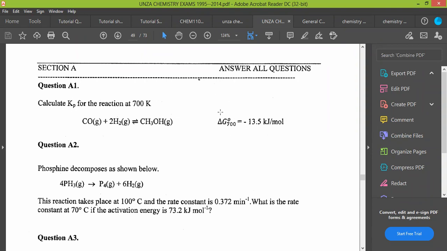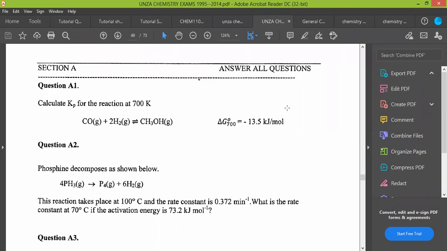The Gibbs free energy expression is change in G with a degree sign equals negative RT natural log of K. Here, ΔG° equals negative RT ln Kc.